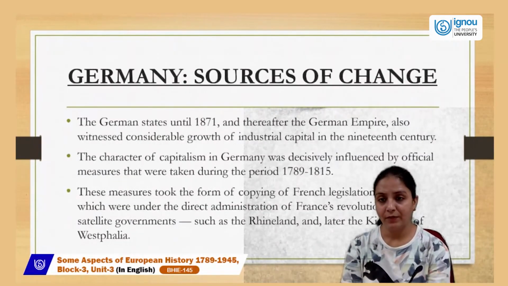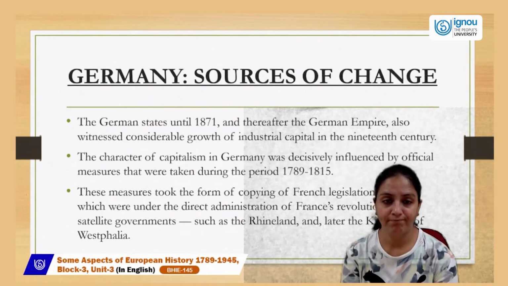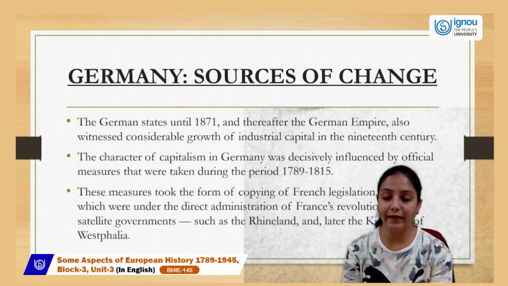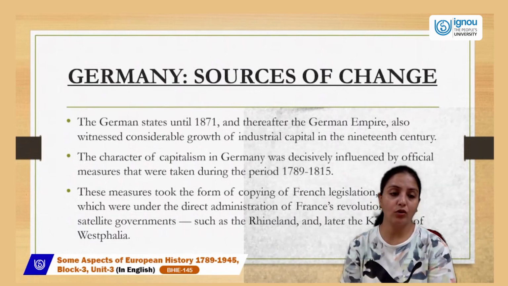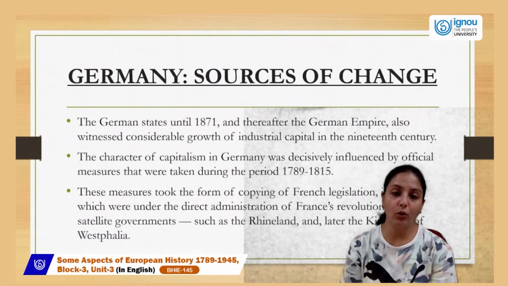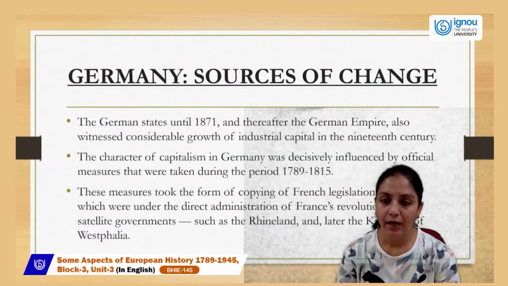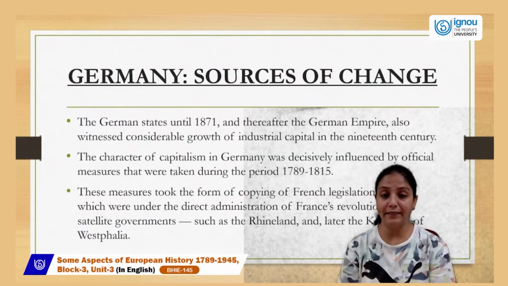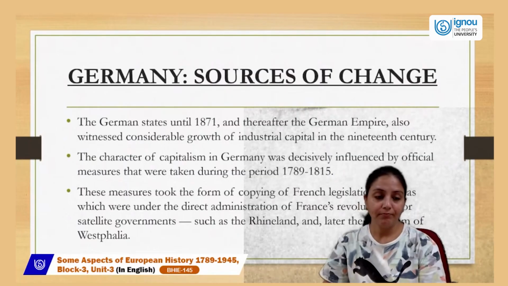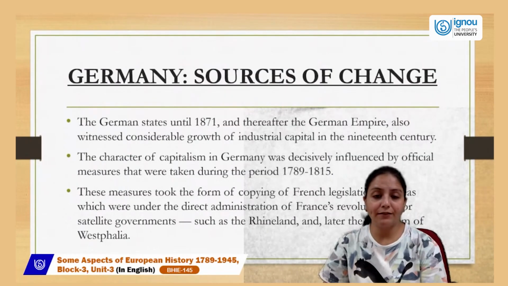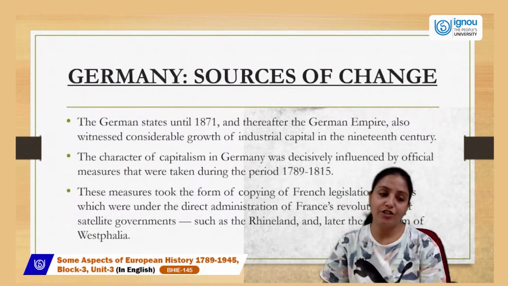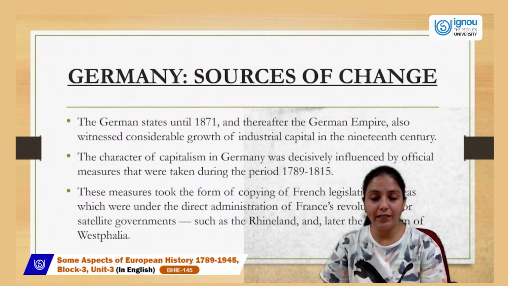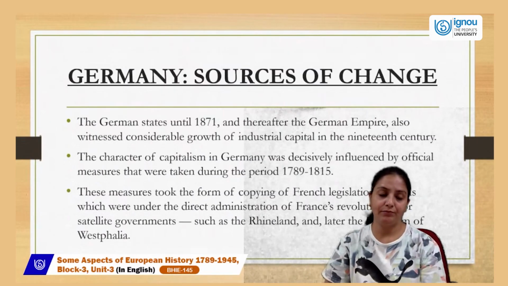Next, Germany. The sources of change. The German states until 1871 and thereafter the German Empire also witnessed considerable growth of industrial capital in the 19th century. The character of capitalism in Germany was decisively influenced by official measures that were taken during the period 1789 to 1815.